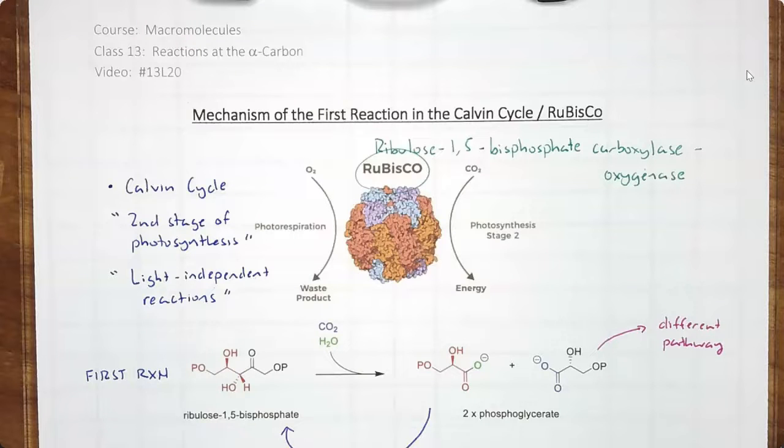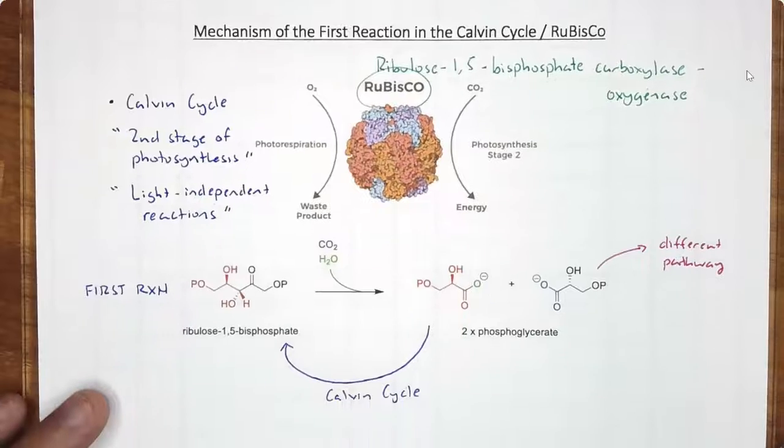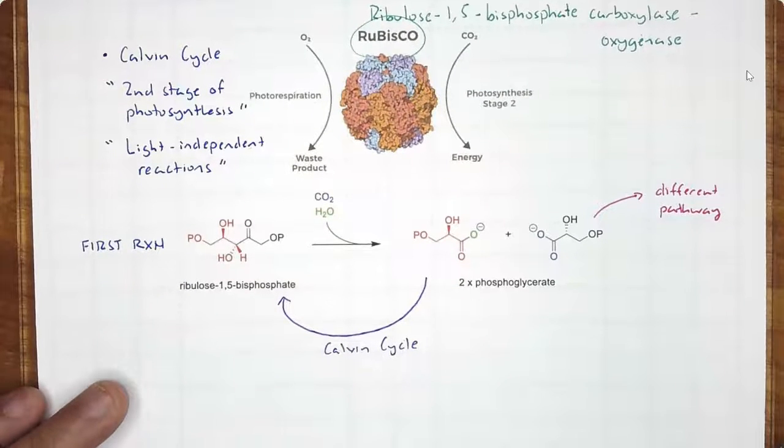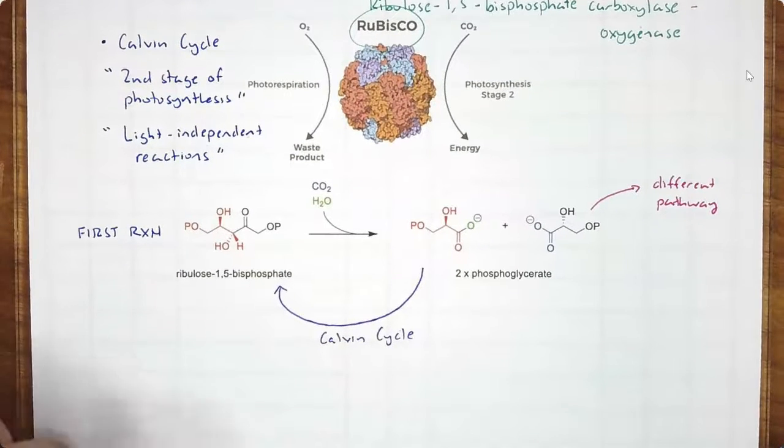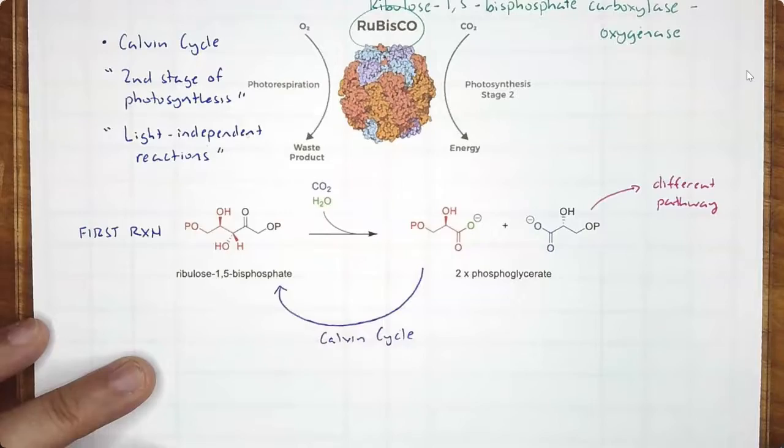RuBisCo, the enzyme itself, is short for ribulose 1,5-bisphosphate carboxylase oxygenase. It is an enzyme that does a whole bunch of very interesting reactions in this one complex. The reaction that we're going to talk about is the first reaction, and we start out with an organic molecule that has 5 carbons.